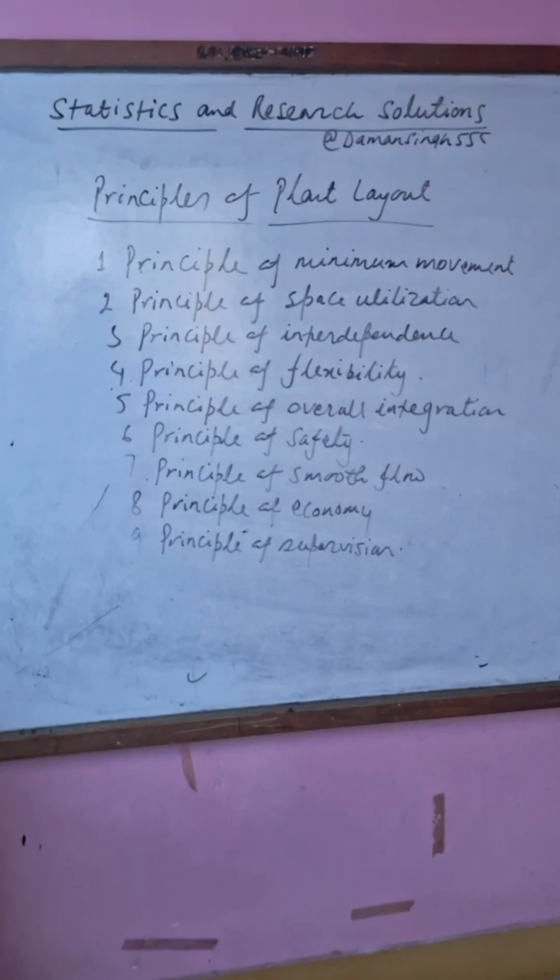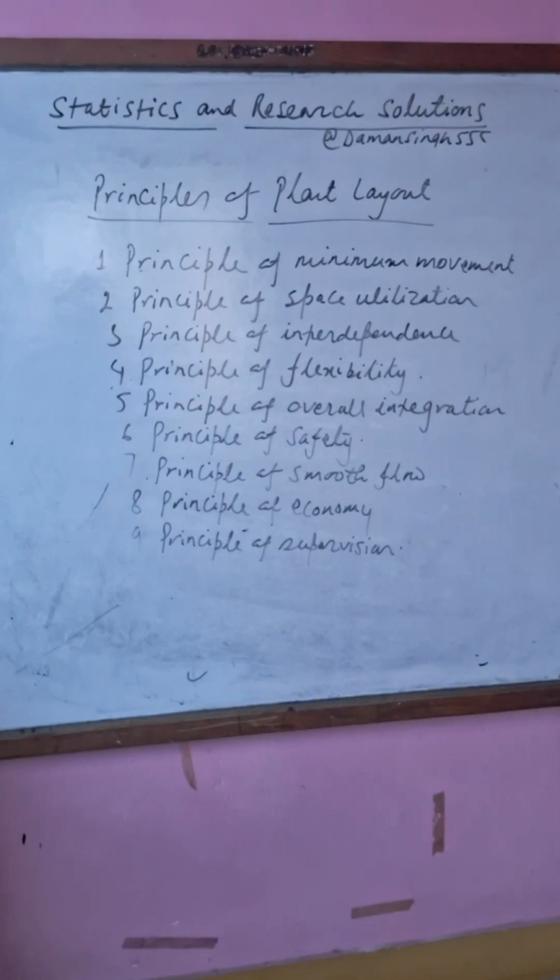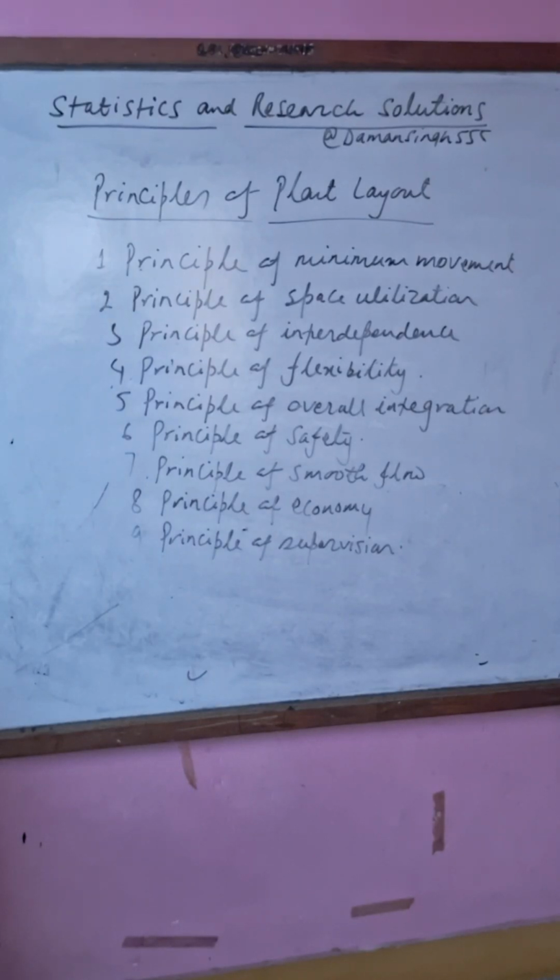Now, we go through the different principles of plant layout. There are 9 principles I have noted on the whiteboard, and I am discussing these 9 principles of plant layout.